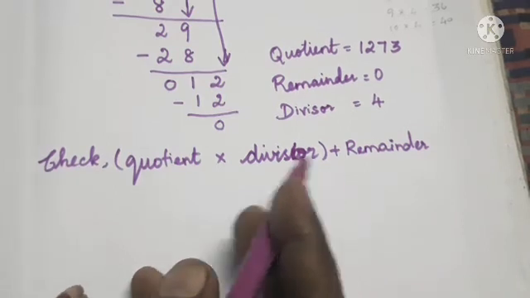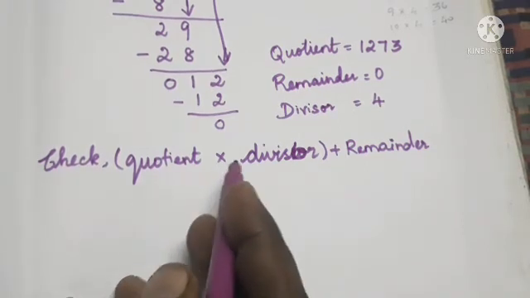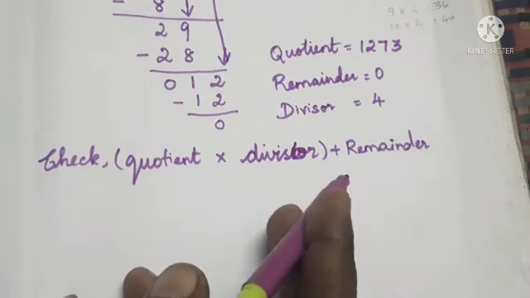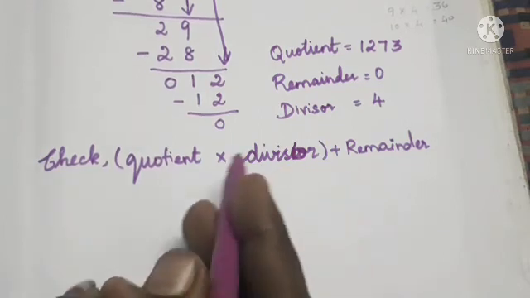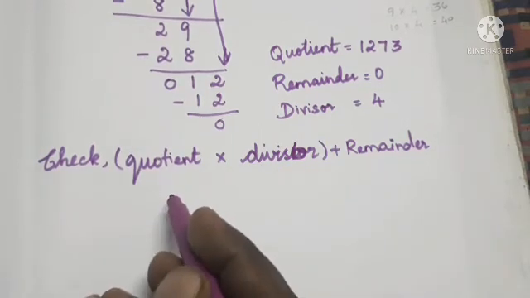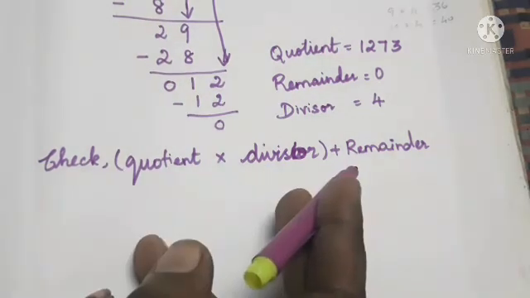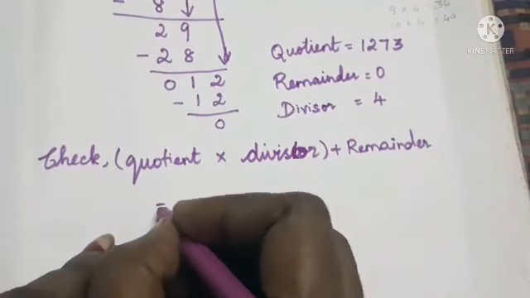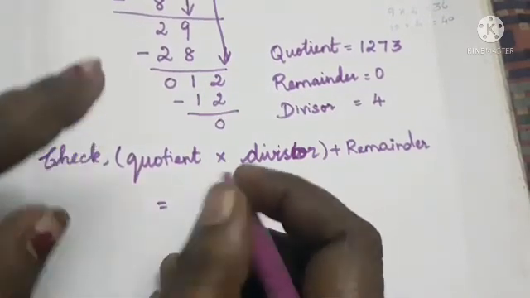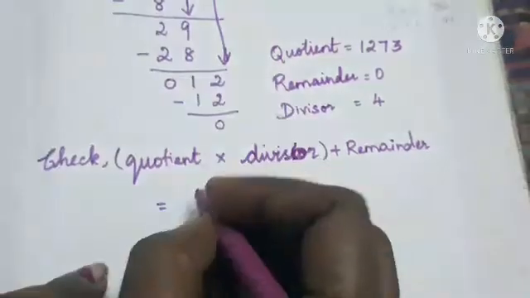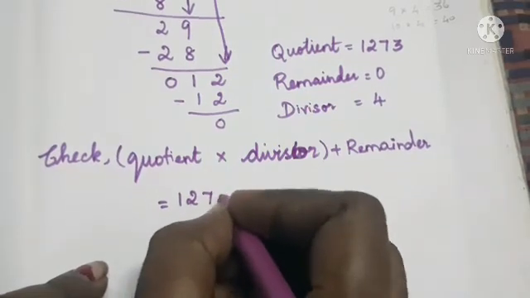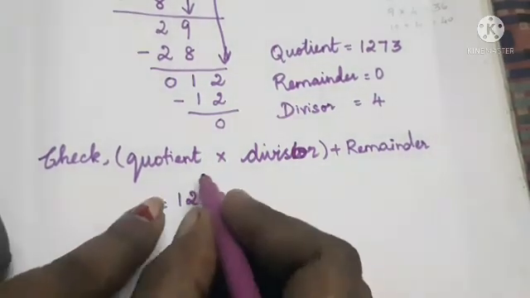What's the formula, ma? Quotient multiplied by divisor plus remainder. So here we can substitute the quotient value, then the divisor as well as the remainder. So that is equal to, what's the quotient value, ma? Yes, we have the quotient as 1273. That's the quotient. Next, what symbol is there?